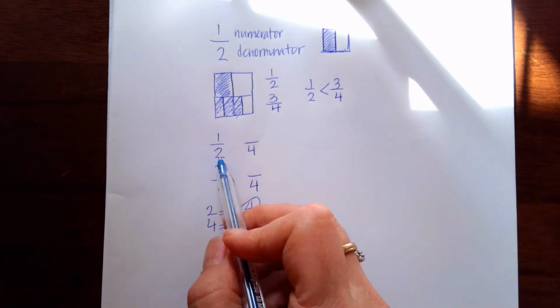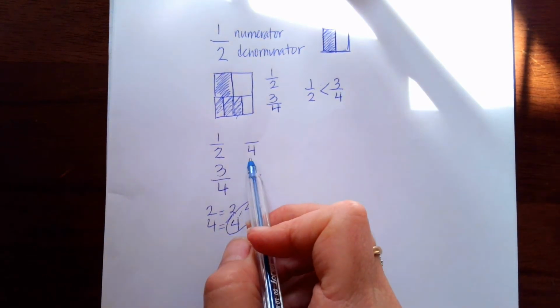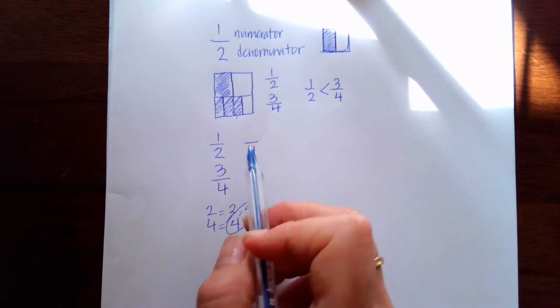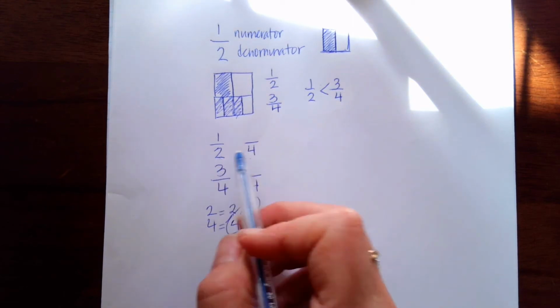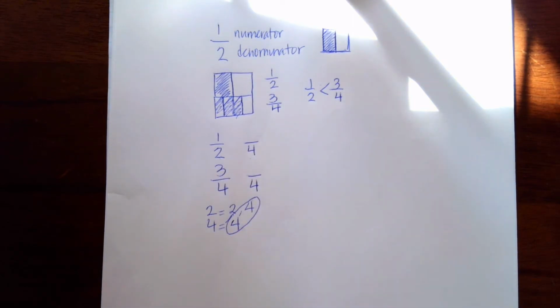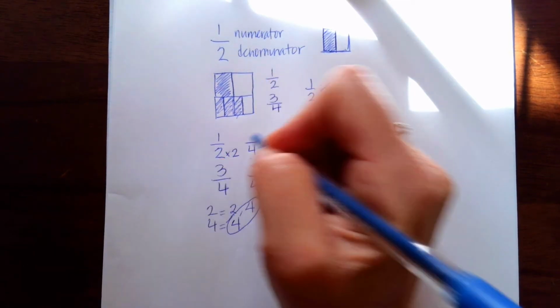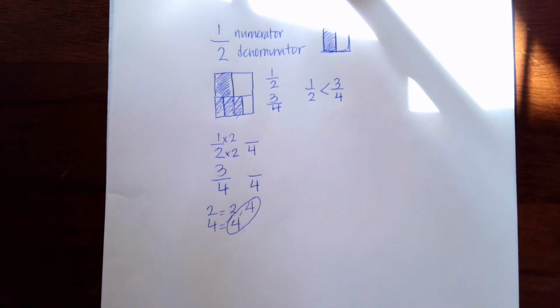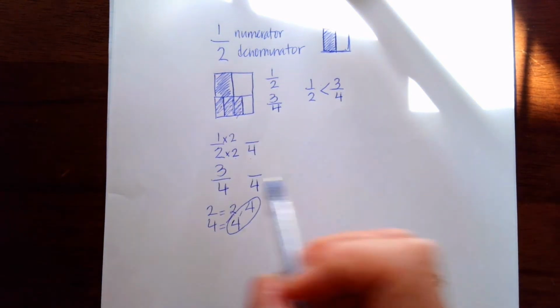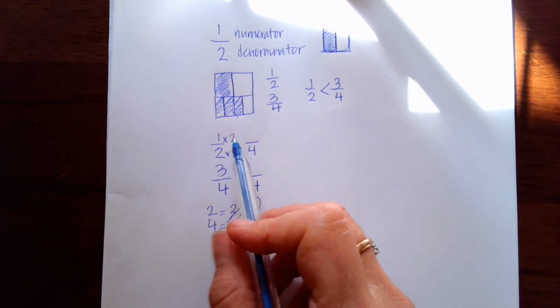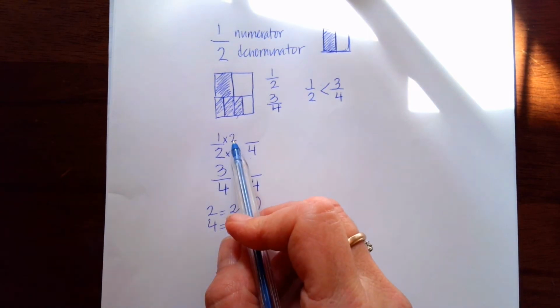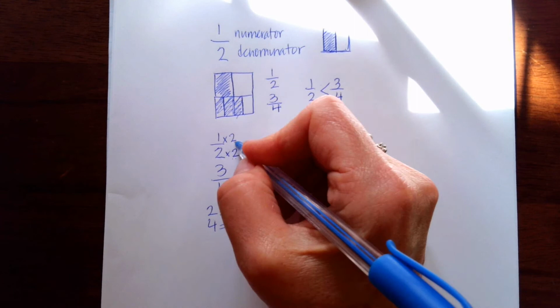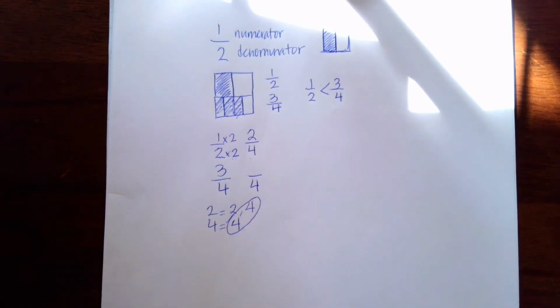But in math, we can't just change a 2 to a 4. So what would I have to multiply 2 by to get it to a 4? I'd have to multiply it by a 2. And then anything I do to the denominator, I do to the numerator. So if I multiply this by 2, I multiply this by 2. And then this becomes 2 times 1 equals 2.